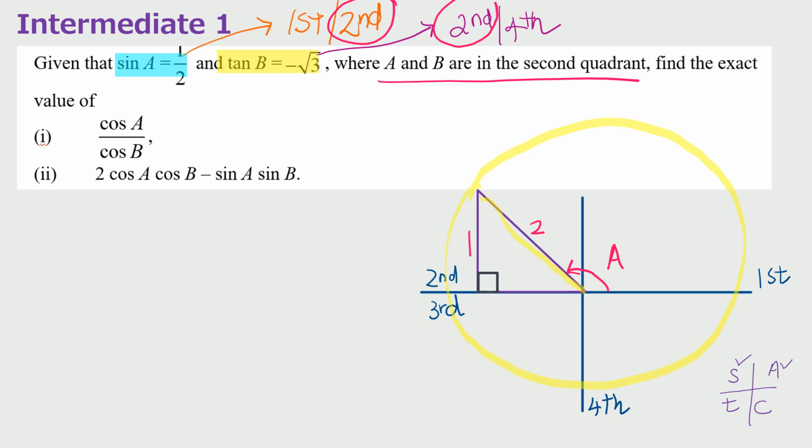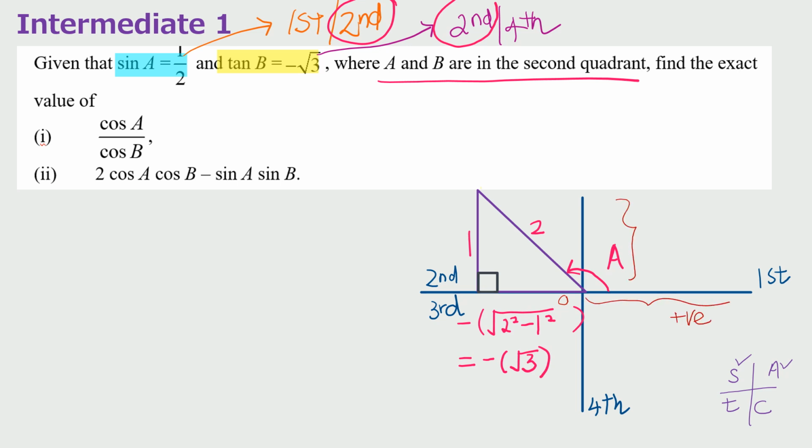What happened is that I need to find the adjacent side, right? Then if you look at the diagram, you will see that the adjacent side is the other end. Okay, this cross actually will remind you of the coordinate axis where this one here is your origin, which is 0, and then this part here is a positive value.